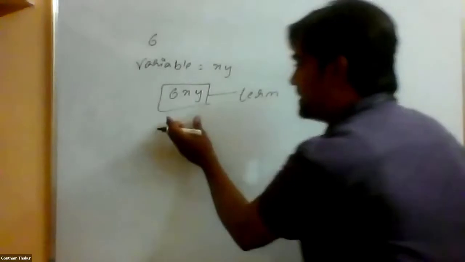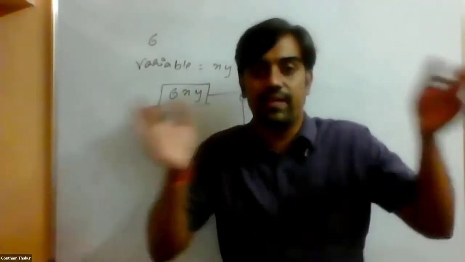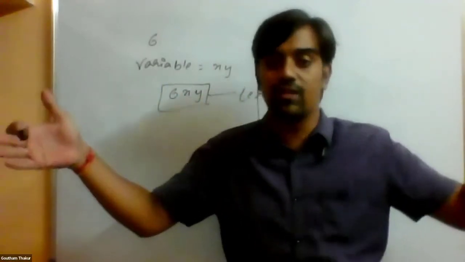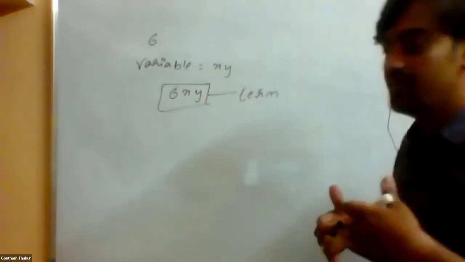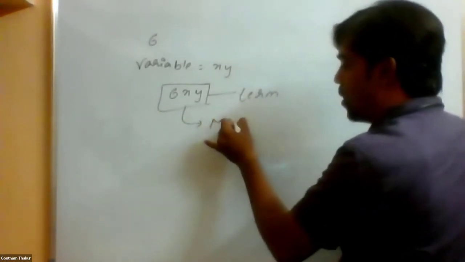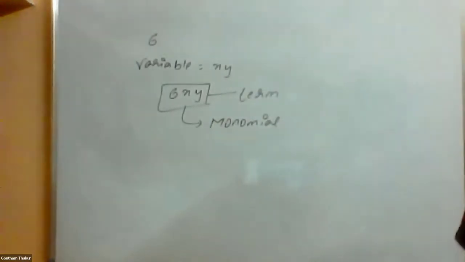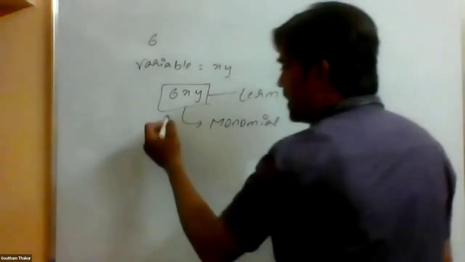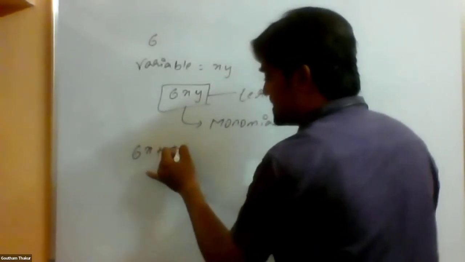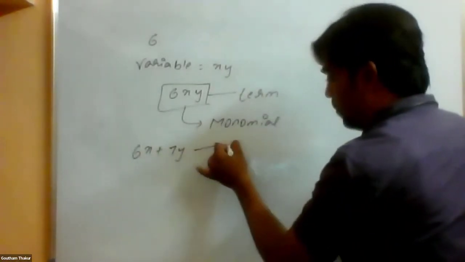Now, when terms get divided into a single term, two terms, three terms, four terms, individually we have a name. If I have only one term, I call it a monomial. If I have two terms, 6x plus say 7y, binomial, very good.